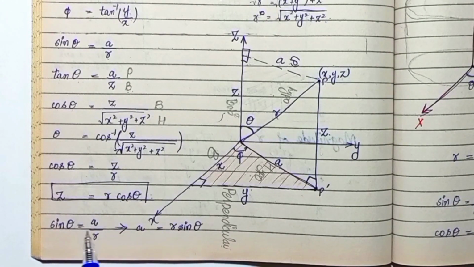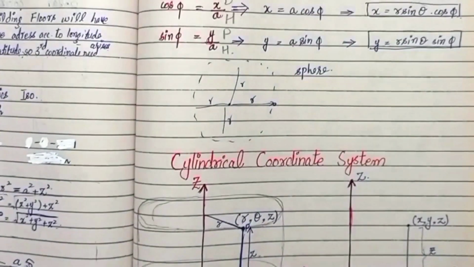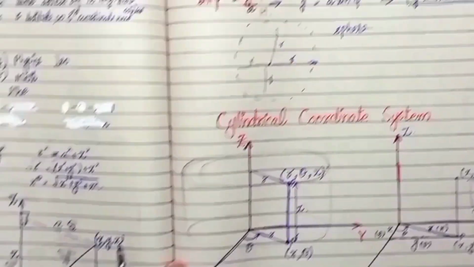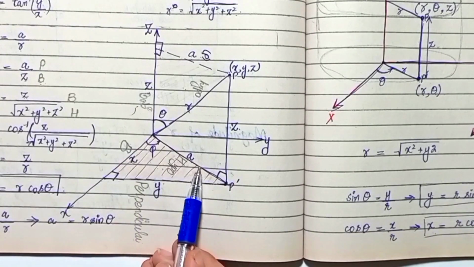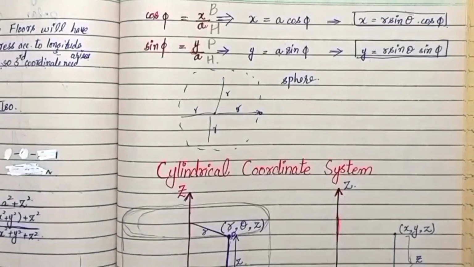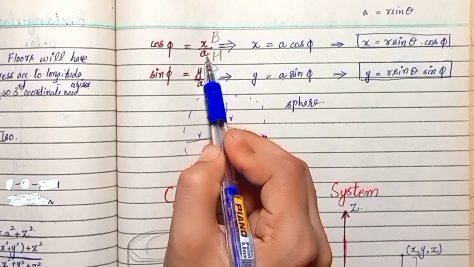Sin theta for this triangle is equal to a divided by r, so a is equal to r sin theta. And cos psi for this triangle will be equal to x divided by a, as cos psi is base divided by hypotenuse.